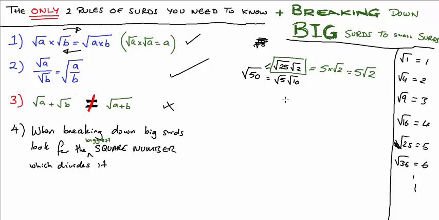Very, very important. Why? Because a lot of times they'll give you a question like this: square root of 50 add square root of 18. Now, you would think at first glance you can't add these. So they might say, like, simplify.